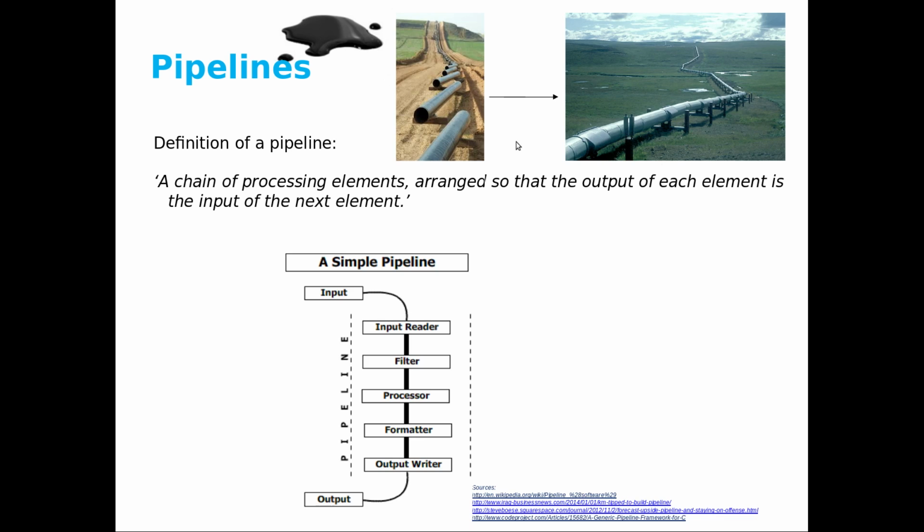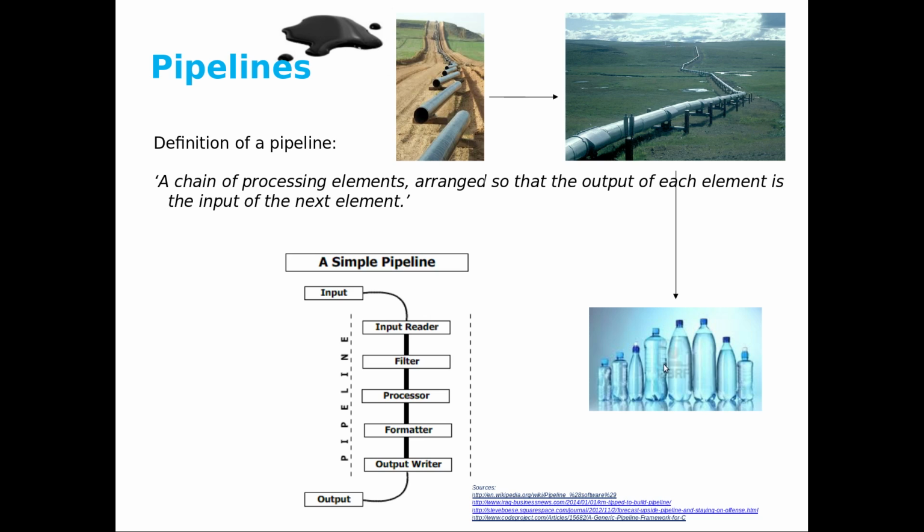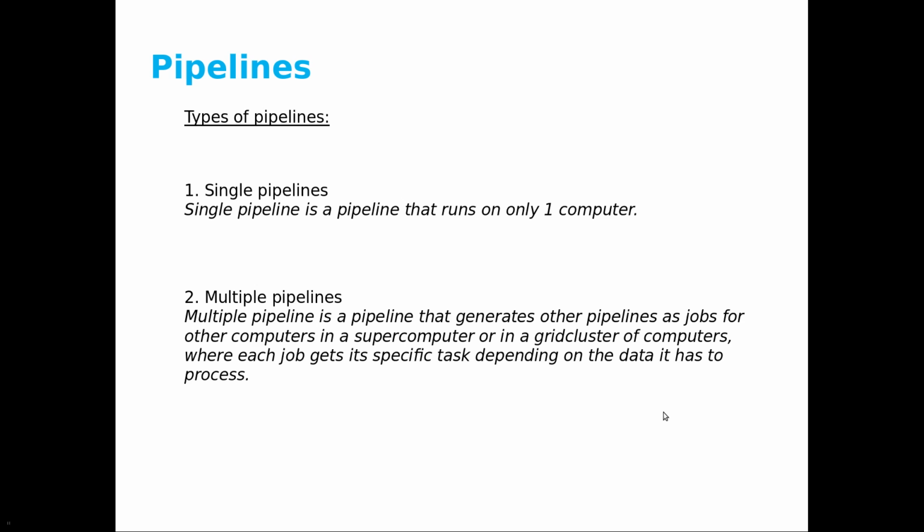And this is the pipeline. The oil goes into here, it's processed, and ultimately you will get the transparent plastic bottles at the end of the pipeline. Here are the transparent plastic bottles, and you can put water in it.